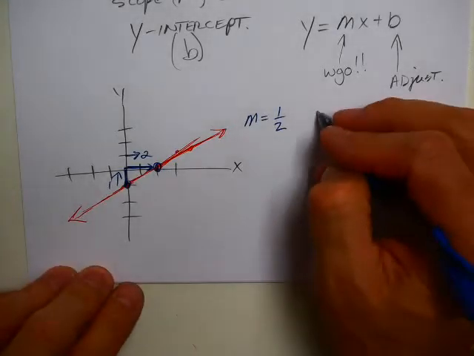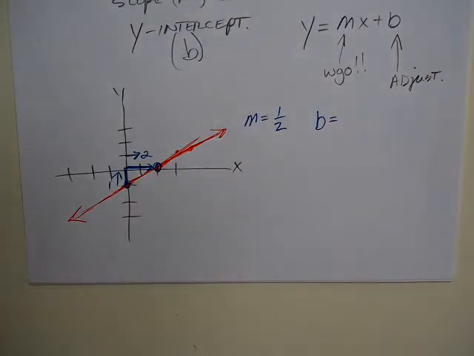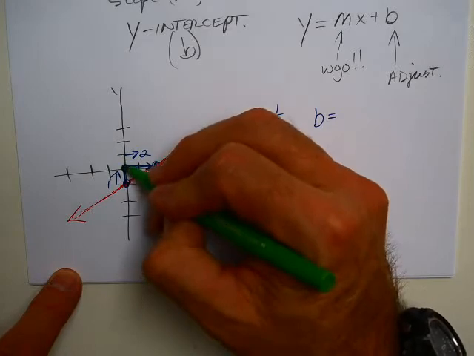What's the y-intercept? Where does it cross the y-axis? At 1? Can you revise that a little bit, Lance? What's the value of this point right here? 0.